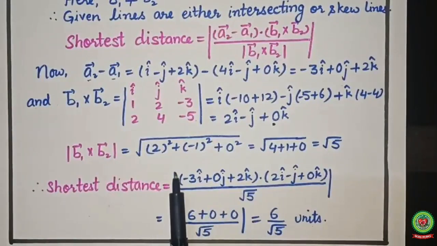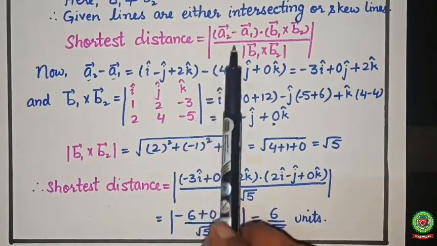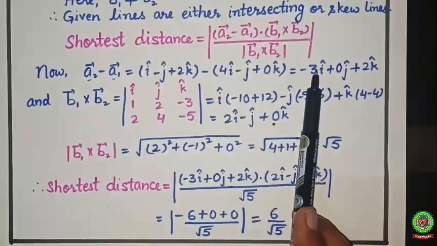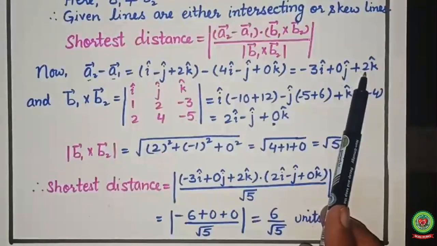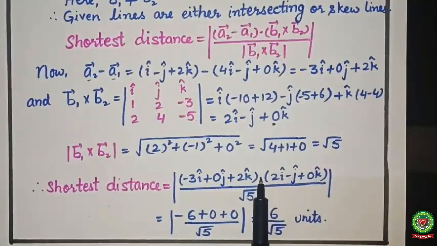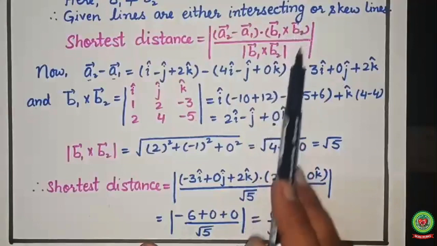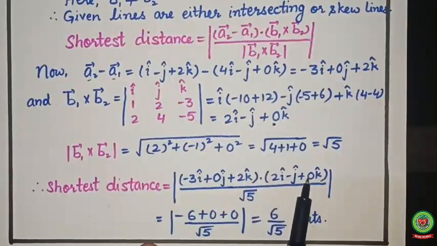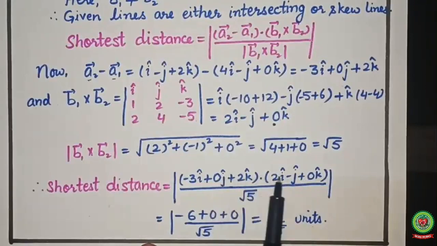So it is equal to mod of, firstly, the value of the difference of two passes through points. It is minus 3i plus 0j cap plus 2k cap. Dot, that is a dot product with b1 cross b2 vector. So its value is 2i cap minus j cap plus 0k cap. Now when you find the dot product between these two, here we will get minus 3 times 2 will be minus 6. 0 into minus 1 will be 0. 2 into 0 will be 0.